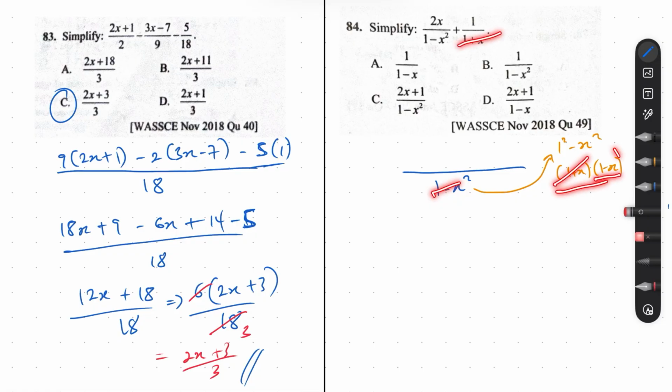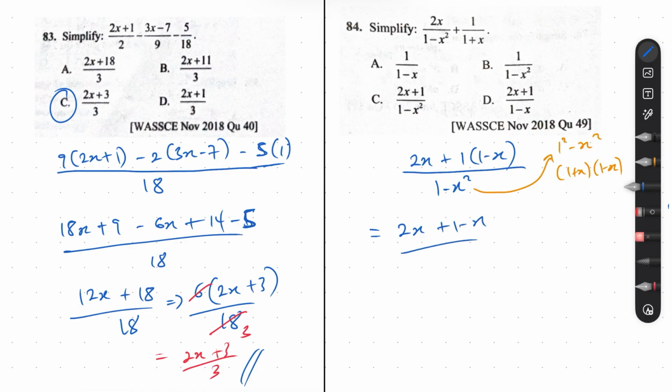So 1 minus x will multiply 1. Okay, so we have 2x plus 1 multiplying 1 minus x. Okay, so we have 2x plus 1 minus x all over 1 minus x squared, which will give us what? X plus 1 all over 1 minus x squared. Is that our answer? This looks like a good answer, but then we have to simplify further.